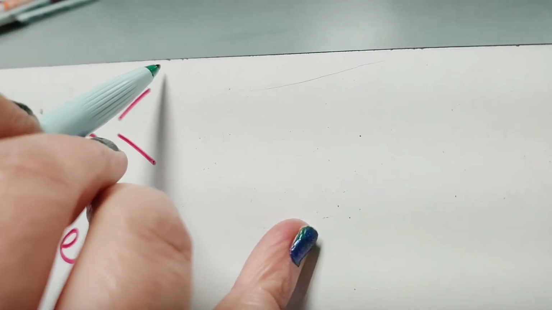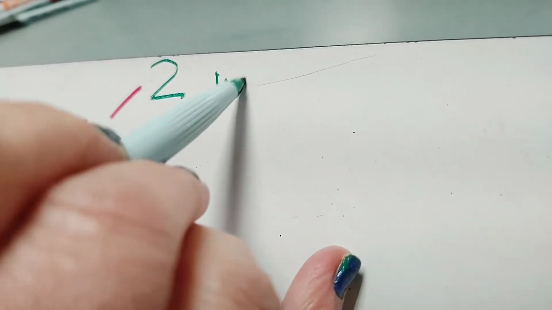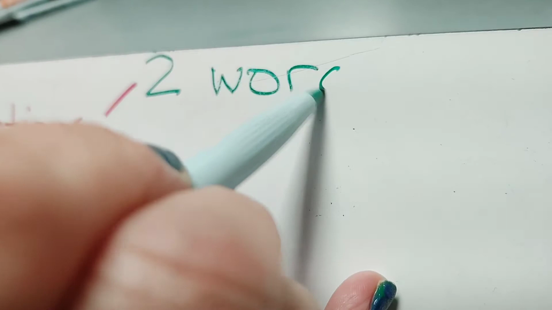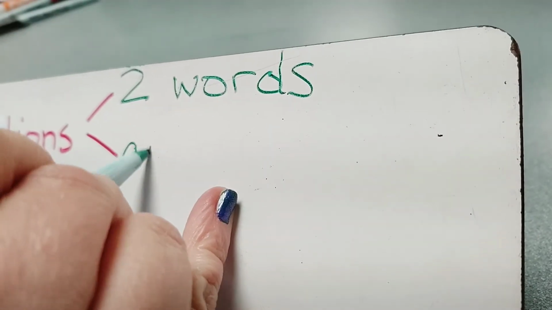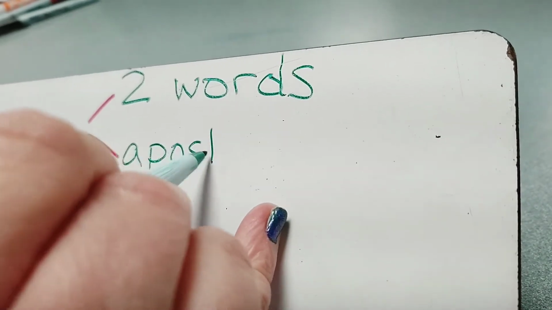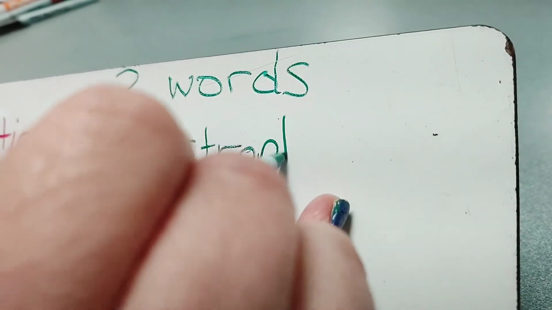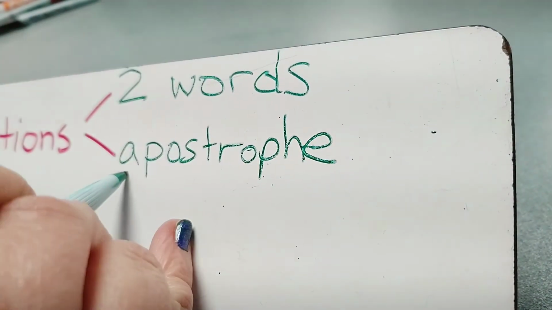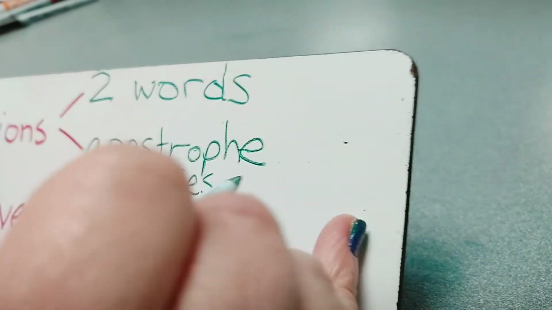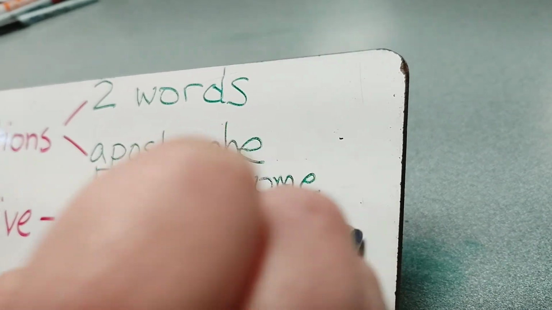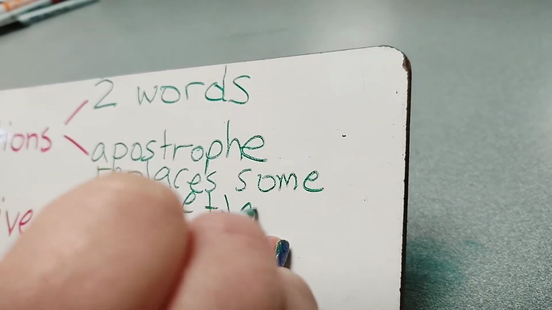Okay, if you said two words and an apostrophe replaces some letters, you are correct. Those are the two rules.